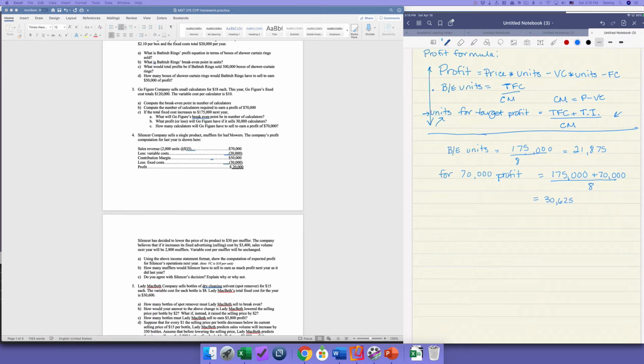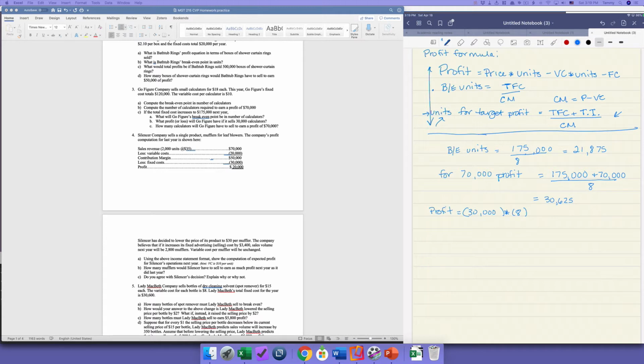And so then what profit will we have if we sell 30,000 calculators? The way that we solve that is to use our profit equation. So it's 30,000 times, I'm going to just go ahead and use the contribution margin because that's the profit that we get per unit that we sell.